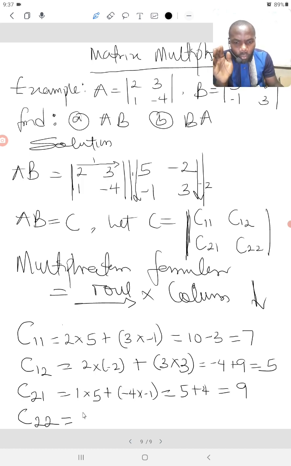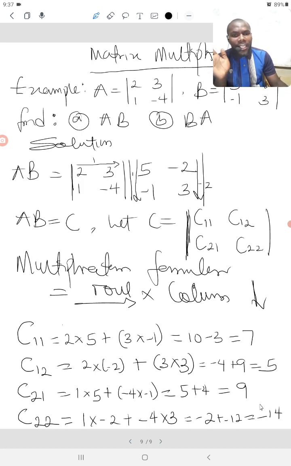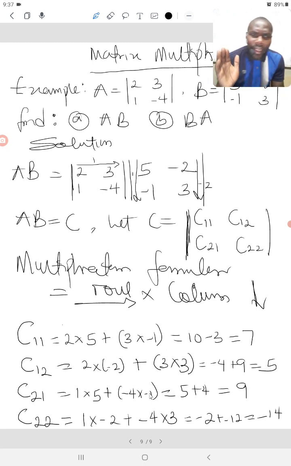That is 1 times minus 2 plus minus 4 times 3, which will give you minus 2 plus minus 12, to give you minus 14. So this is just the logical way to find it, and it is an elementary way.